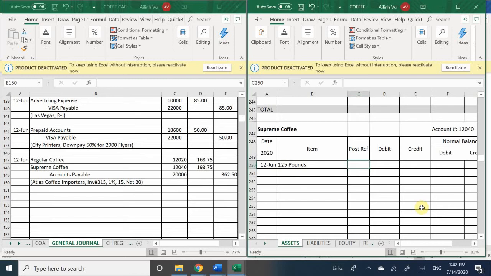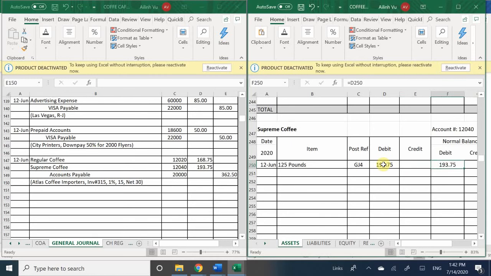Post reference is going to be general journal number 4, and we increased it by 193.75. The beginning amount is 193.75.